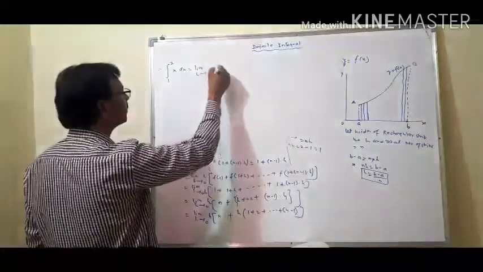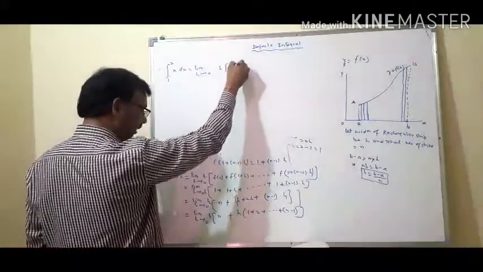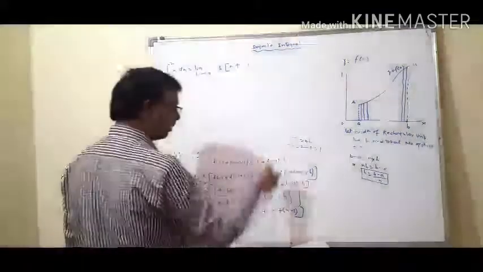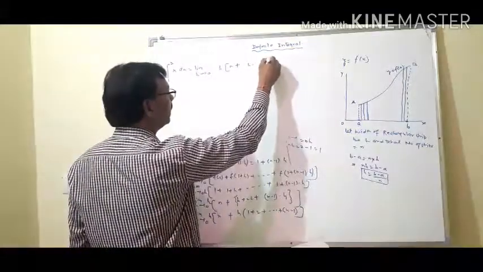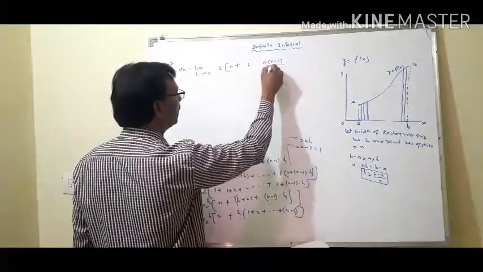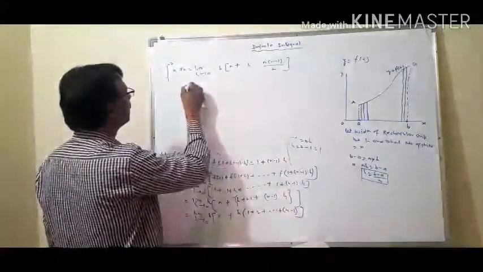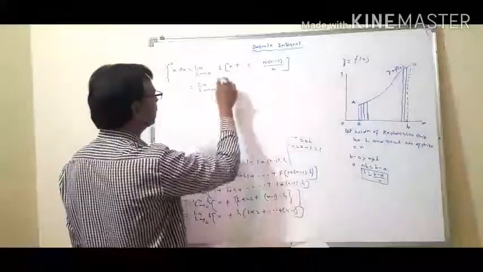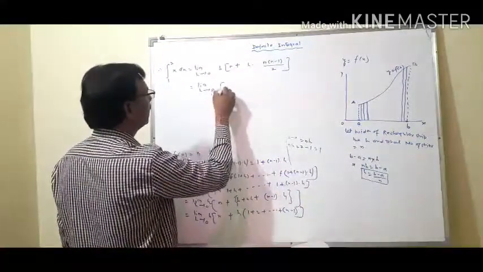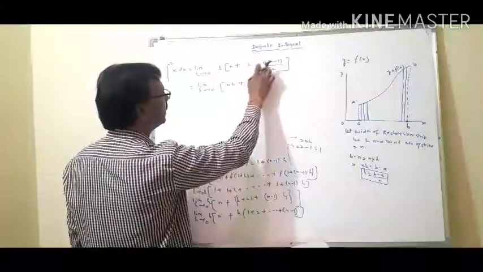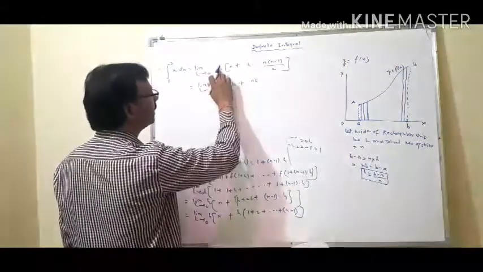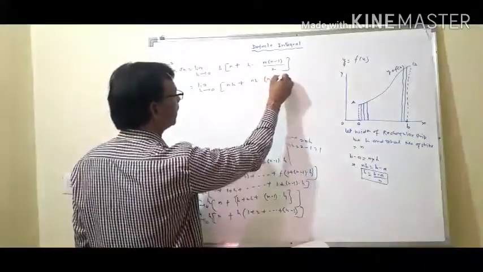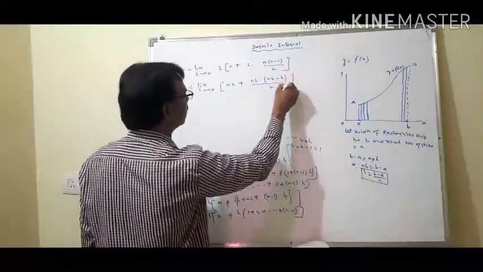Limit h tends to 0 of nh plus h into the sum of the first n minus 1 natural numbers, which is n minus 1 whole upon 2. Multiplying h into this bracket, this will be nh plus nh minus h whole upon 2.